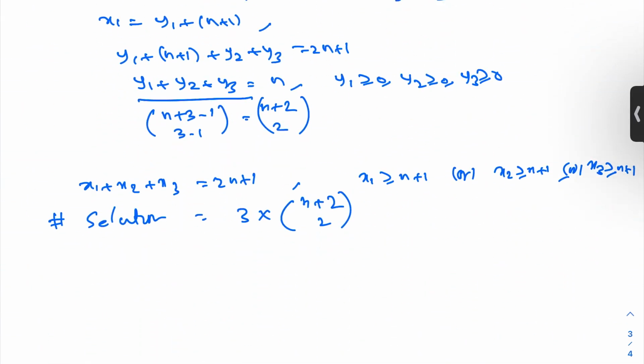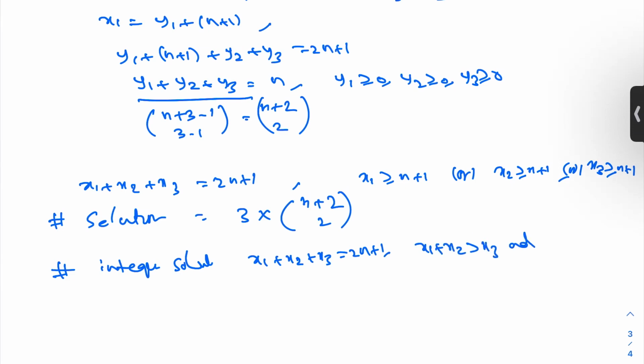So now, using the complementation principle, we can say that the number of integer solutions of x1 plus x2 plus x3 equal to 2n plus 1, where x1 plus x2 greater than x3, and x1 plus x3 greater than x2, and x2 plus x3 greater than x1 is going to be what?